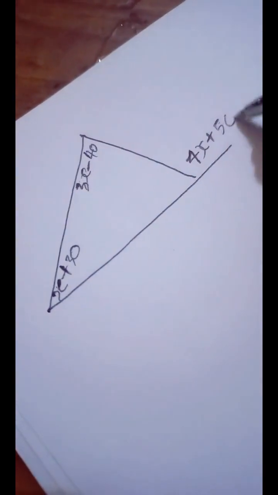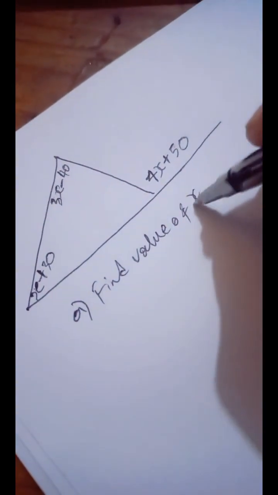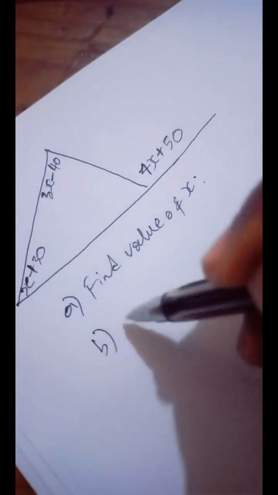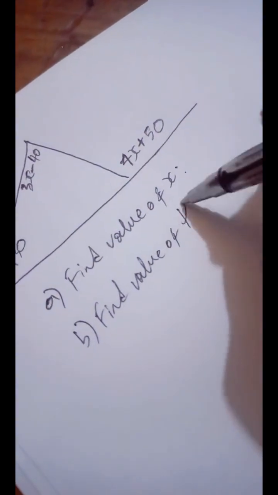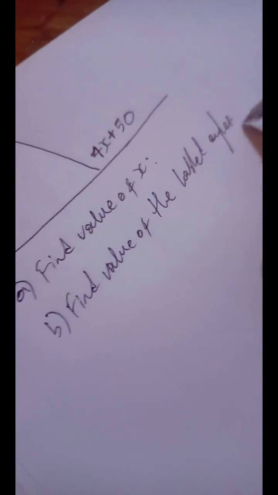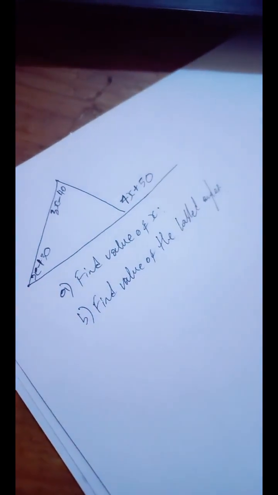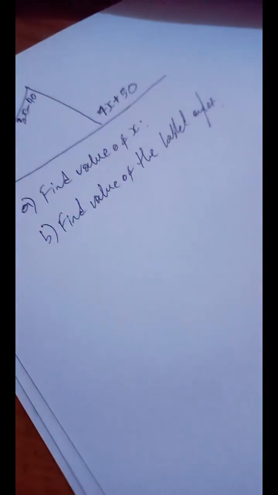The question says A, find the value of x. B, find the value of the labeled angles. Right, let's calculate. Let's find the value of x.